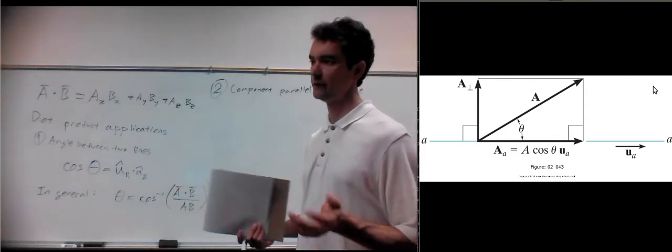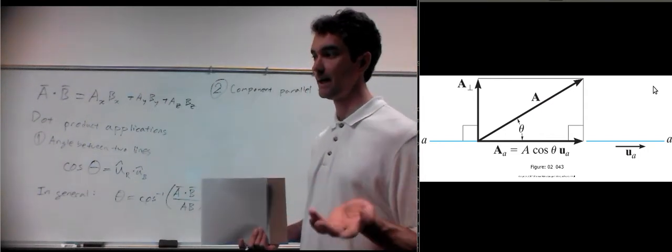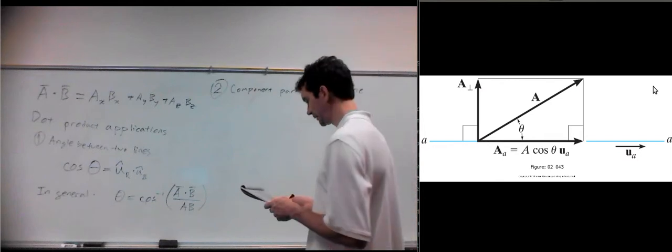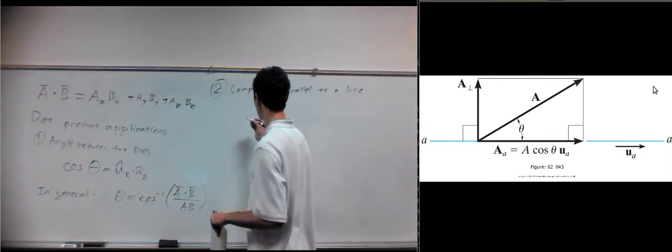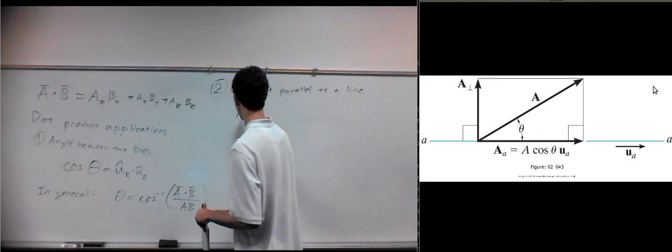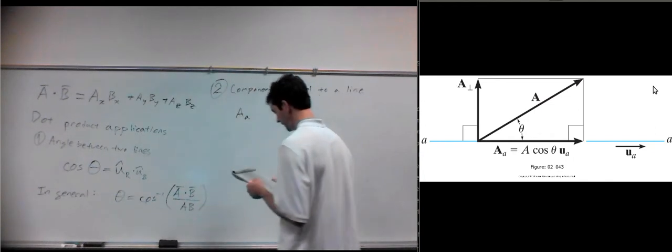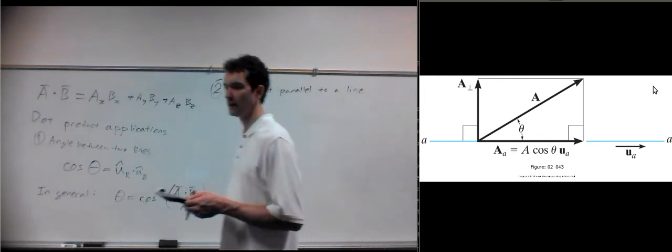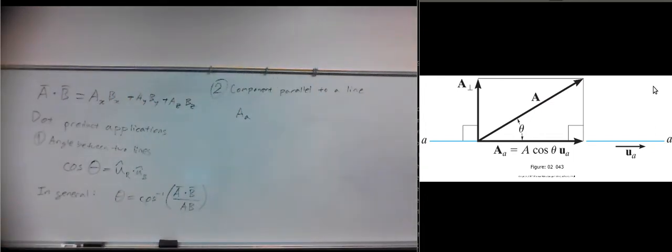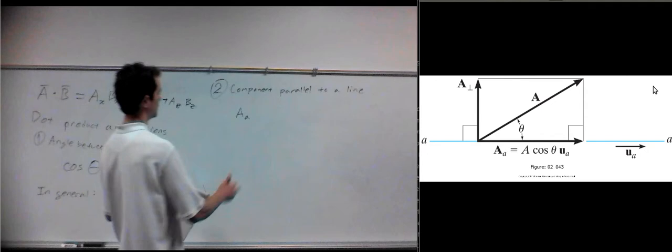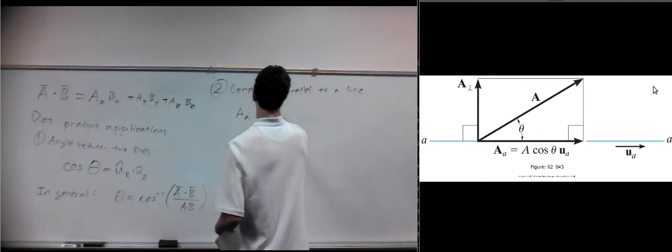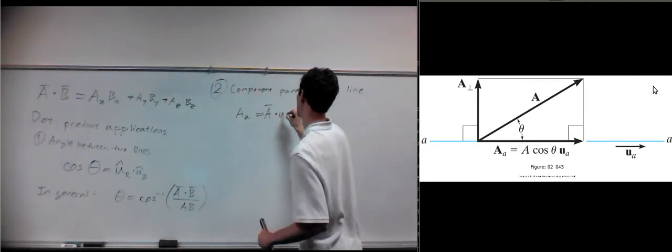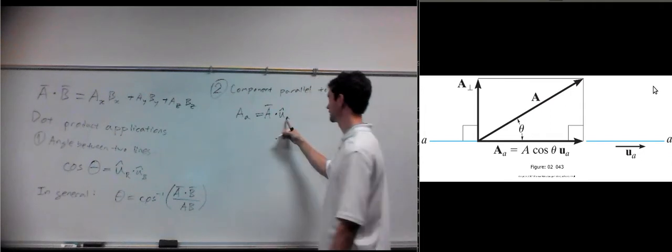But if we're given the vectors UA and A, and we don't know the angle theta, we can use the dot product. So the magnitude of the vector component A is the dot product of the vector A and this direction vector.